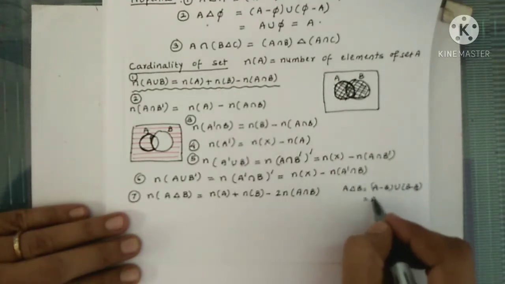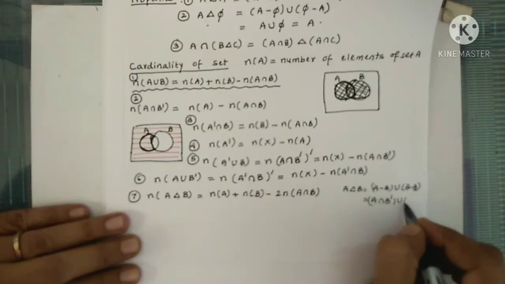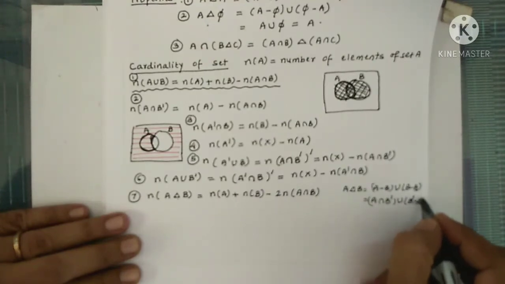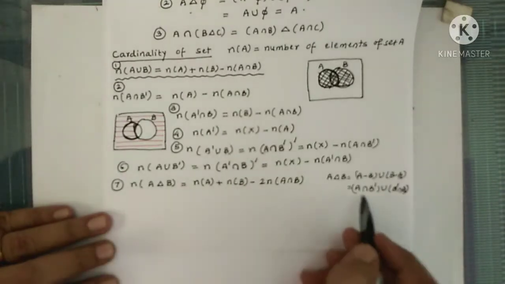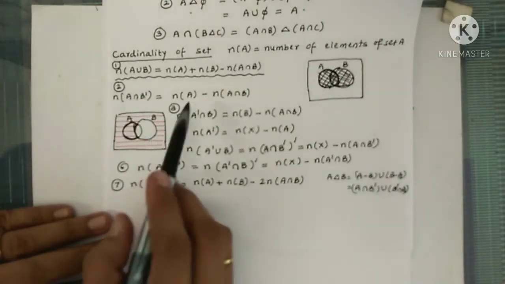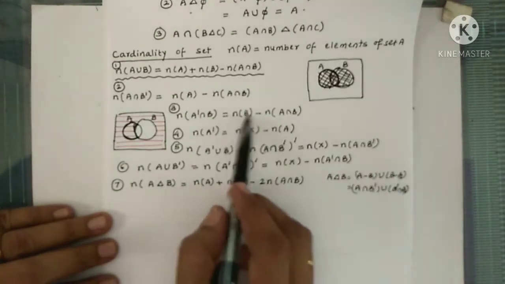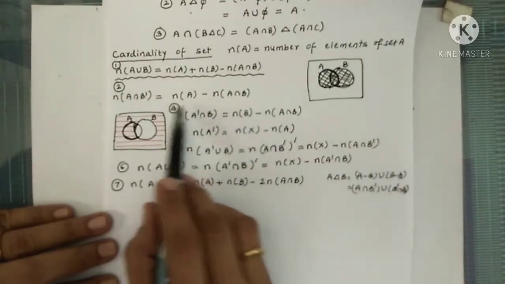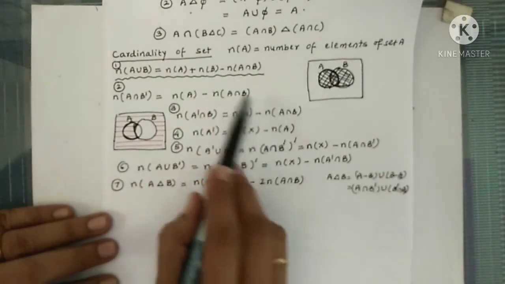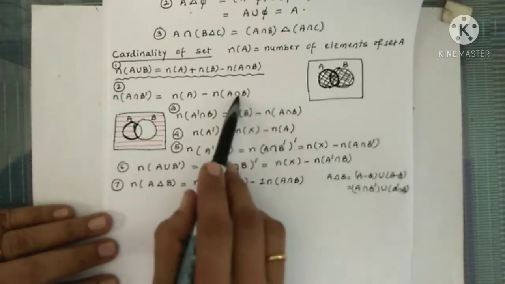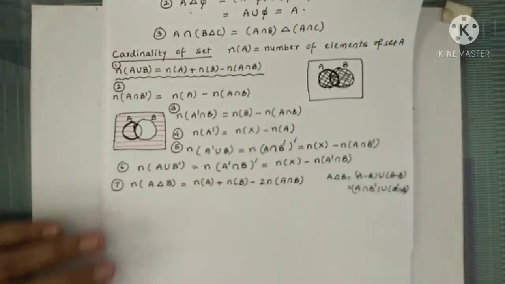But A minus B is A intersection B', and this is B' intersection A. Now the first one, n(A intersection B'), is n(A) minus n(A intersection B). And this one is n(B) minus n(A intersection B). If we add these two, what we get is n(A) plus n(B), and now we have n(A intersection B) twice. So minus 2n(A intersection B).